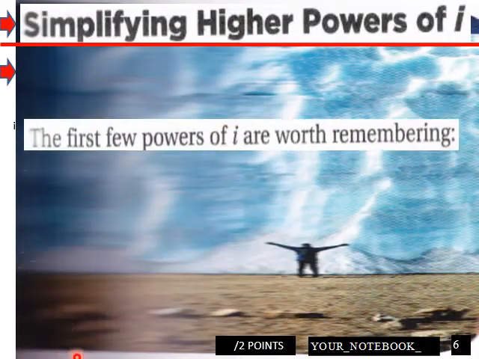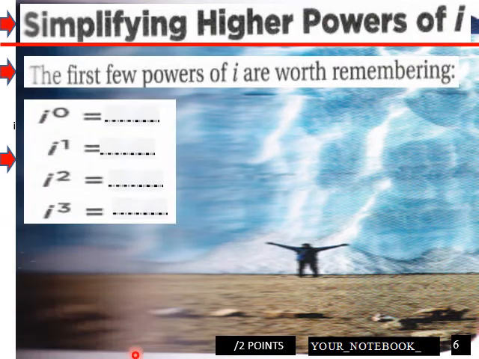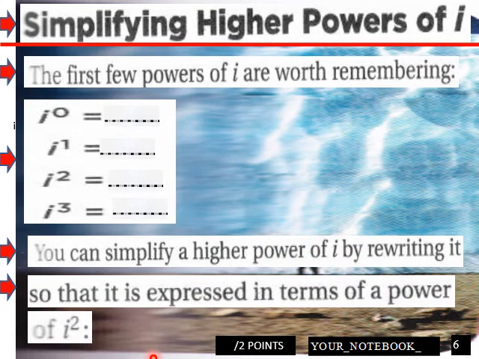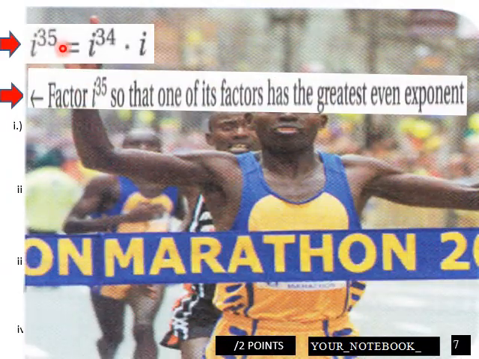Simplifying higher powers of i: the first few powers of i are worth remembering. You can simplify a higher power of i by rewriting it so that it is expressed in terms of a power of i squared. So i to the 0 is 1, i to the first power is i, i squared is negative 1, and i cubed would be negative i. Then i to the 35th equals i to the 34th times i.